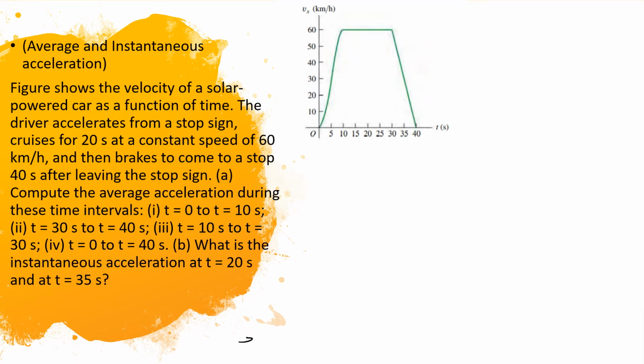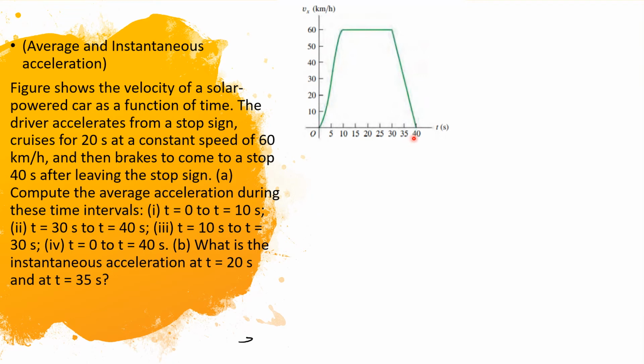For the average and instantaneous acceleration, the figure shows the velocity of a solar-powered car as a function of time. The driver accelerates from a stop sign, cruises for 20 seconds at a constant speed of 60 kilometers per hour, and then brakes to a stop 40 seconds after leaving the stop sign.